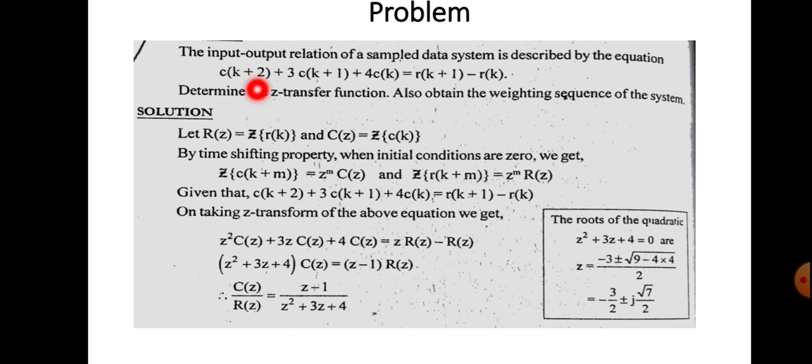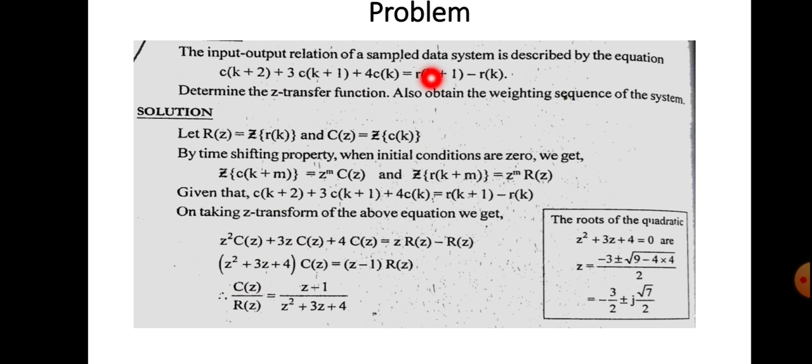So the z transform of r of k is R of z and the z transform of c of k is C of z. Similarly, if there is a shift in any of the functions, what happens to the z transform? Suppose c of k is shifted to c of k plus m, then the corresponding z transform will be z raised to m into C of z instead of C of z. Similarly, in the case of r of k plus m, the z transform will be z raised to m into R of z. So that is the difference.